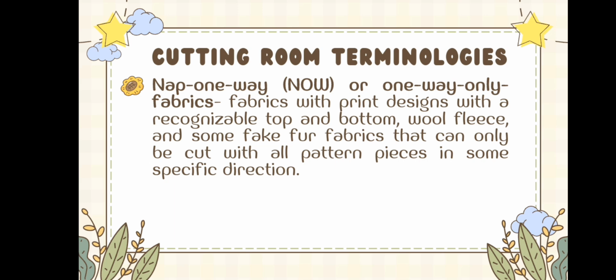Then next we have nap one way, or one way only fabrics. So these are fabrics with print designs with a recognizable top and bottom, wool fleece, and some fake fur fabrics that can only be cut with all pattern pieces in some specific direction.